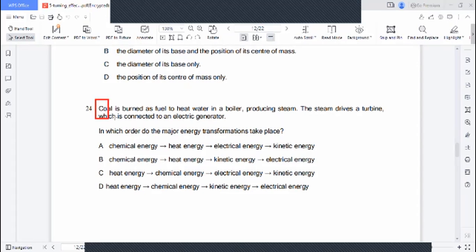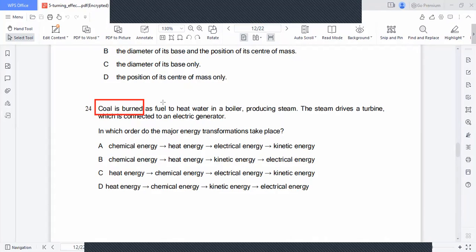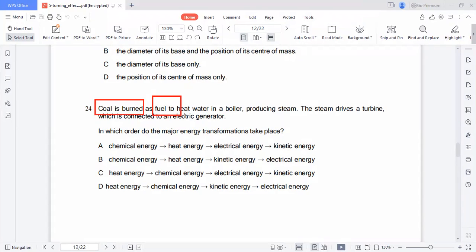The coal is a source of chemical energy, and then chemical energy is converted into heat.